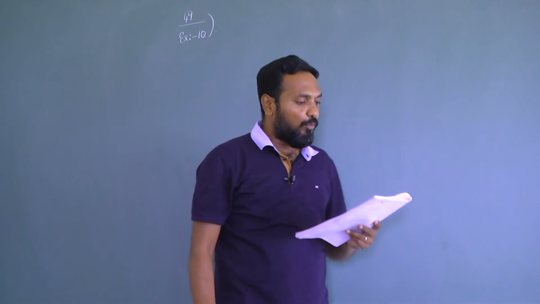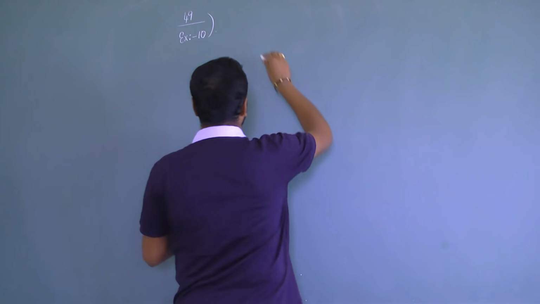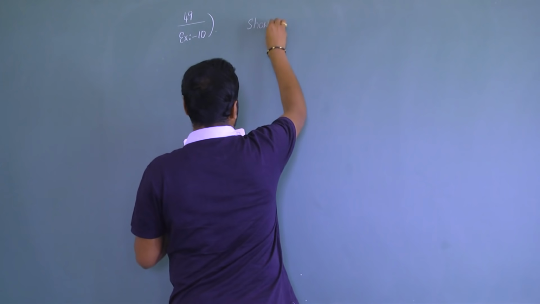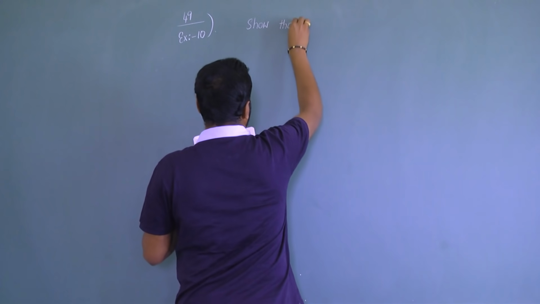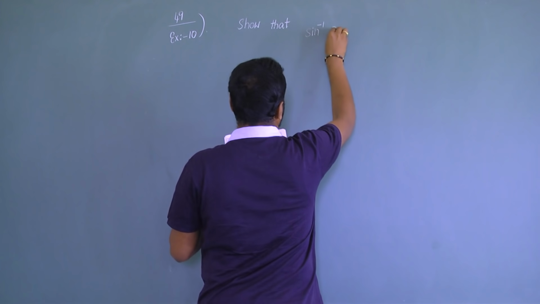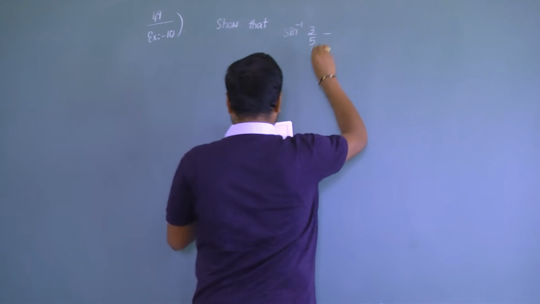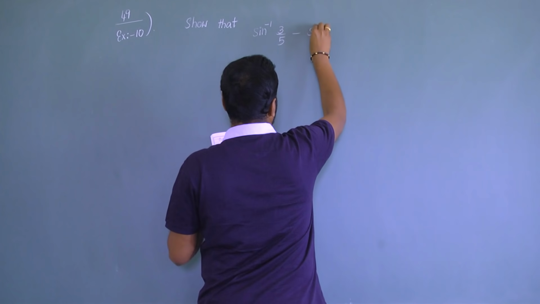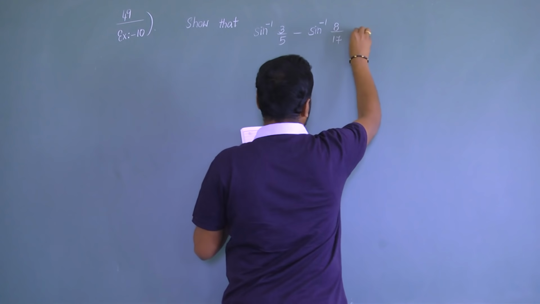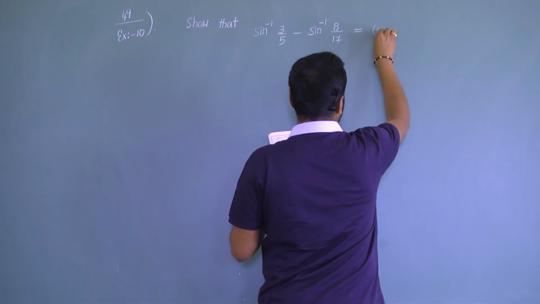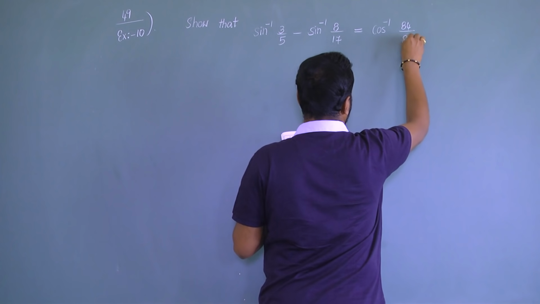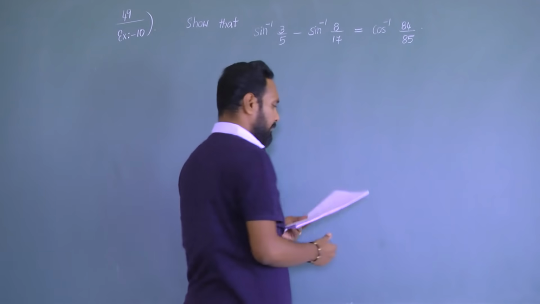Next question is page number 49, example 10. Show that sin inverse 3 by 5 minus sin inverse 8 by 17 equals cos inverse 84 by 85.